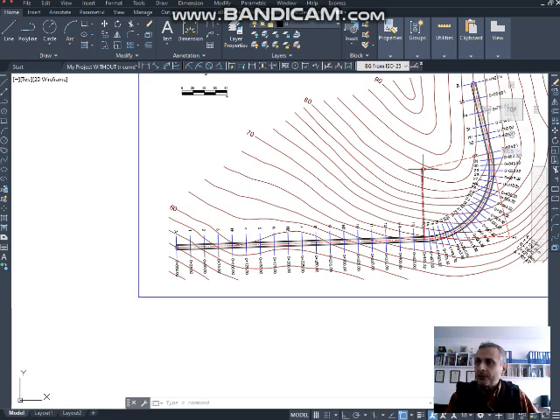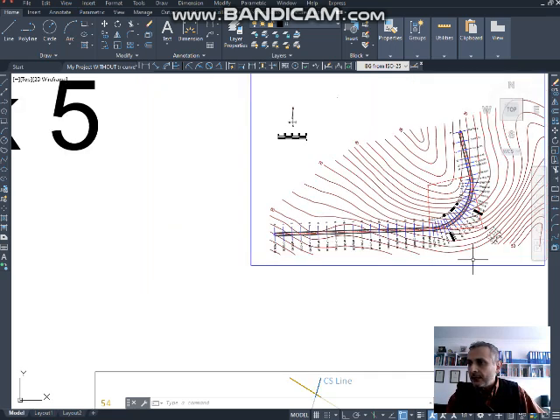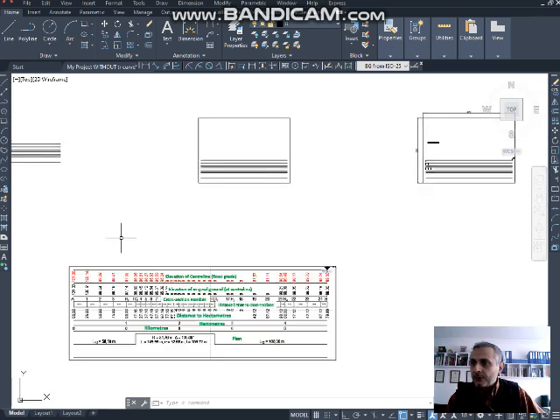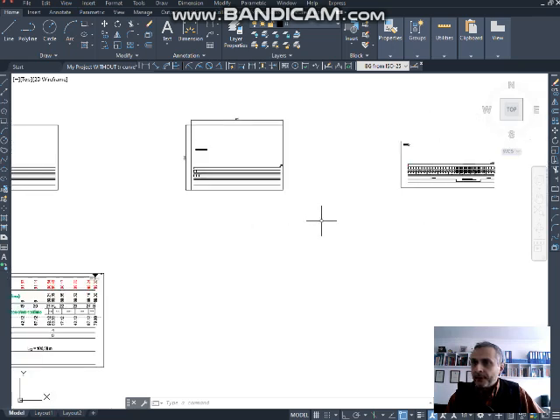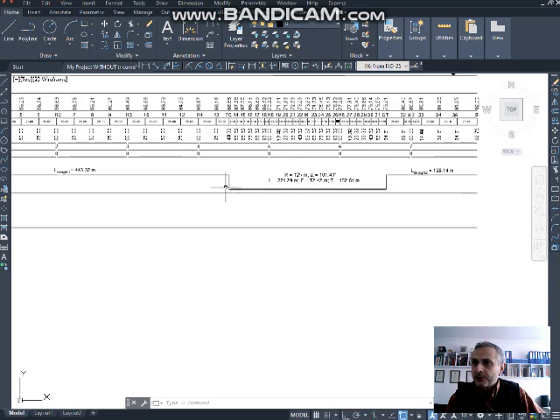The center of my curve is on my left hand side as I look towards my project in the direction of the increasing stations. So in the profile drawing here, you provide that piece of information by showing this step line. Because I am turning left, I have a step downward, indicating that in the direction of the increasing stations there is a left turning horizontal curve.